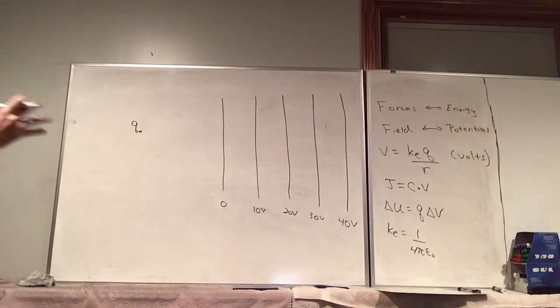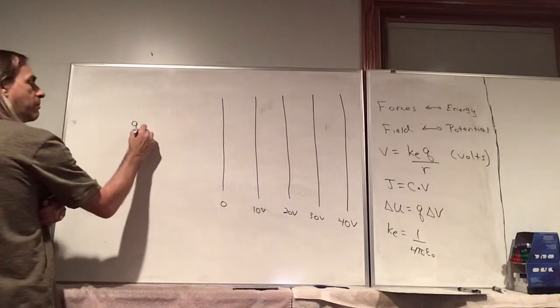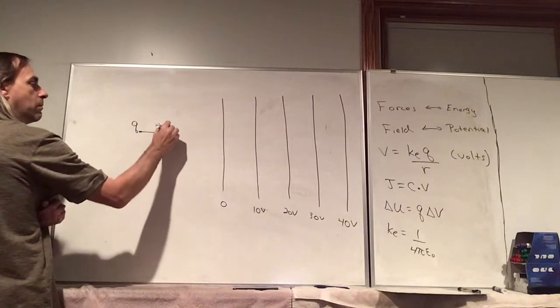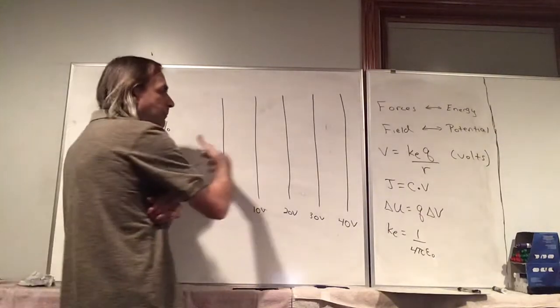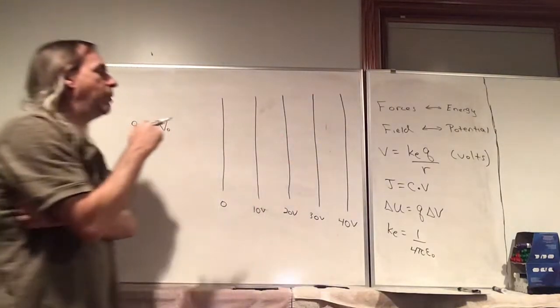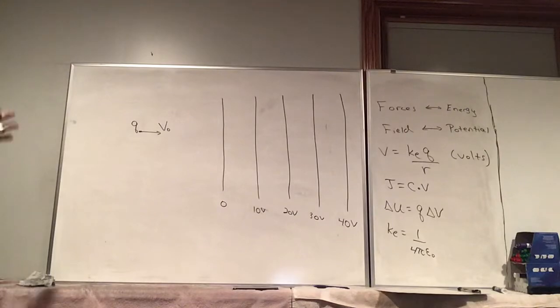Now the tricky part is going to be making up numbers that are going to give us a reasonable result. So we're going to launch this particle into this region with an electric field, or into this region with this electric potential, and kind of see what happens. And so I just have to make up numbers that are going to give us something reasonable.